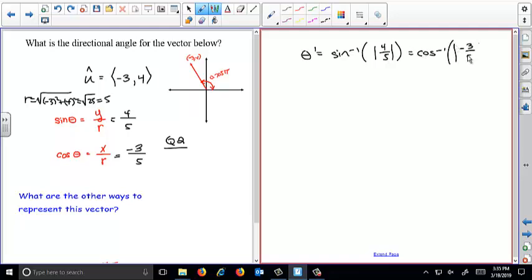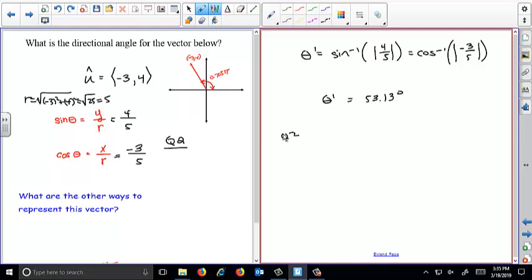We're going to get the same answer either way. We can do either the angle in radians or degrees, but let's do it in radians. So we're going to take the inverse sine of 4/5, and we'll get 53.13 degrees. So that's my reference angle.